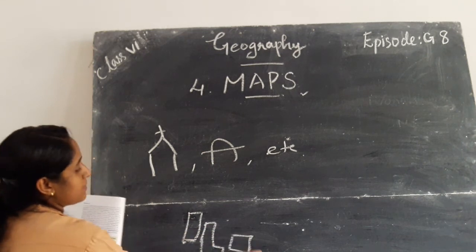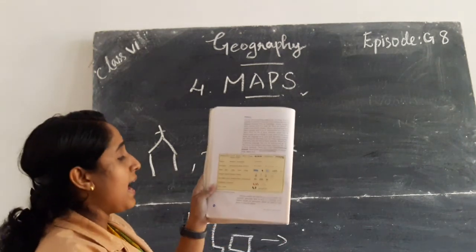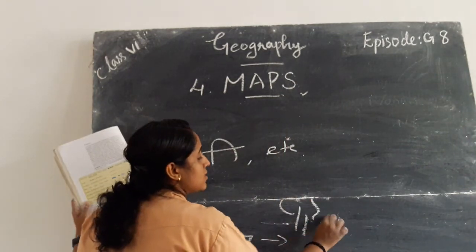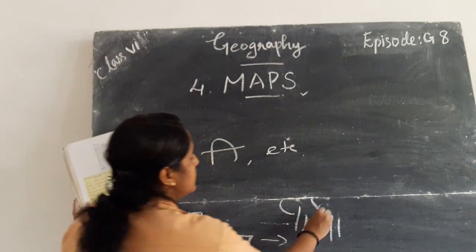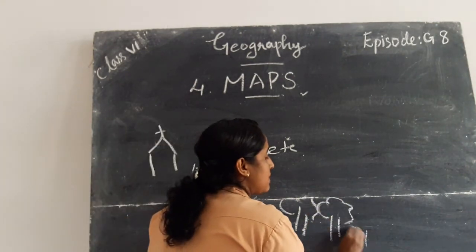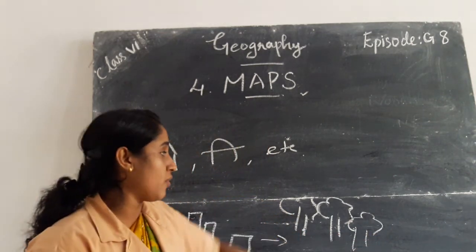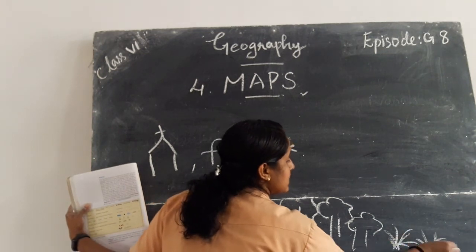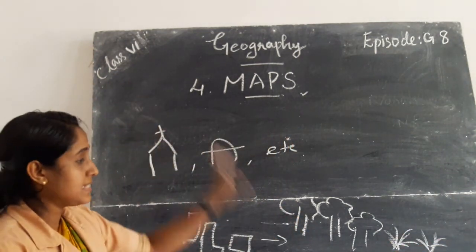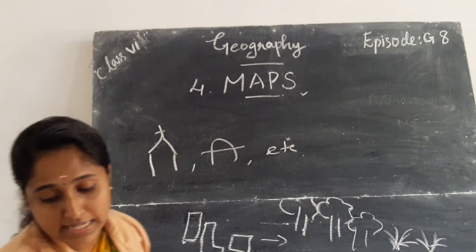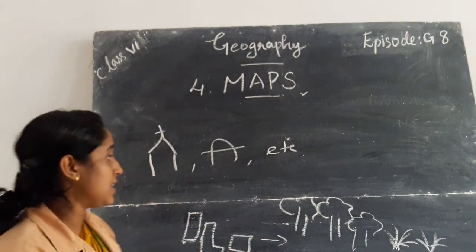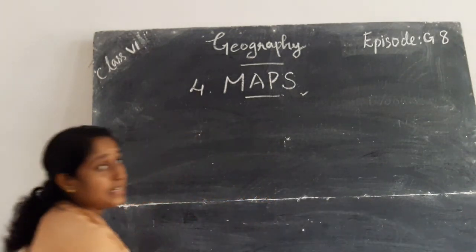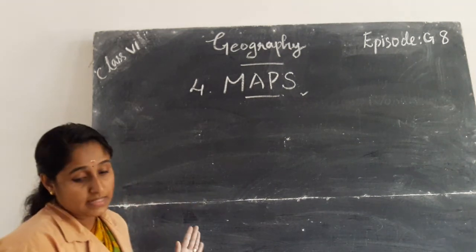These symbols show a forest area, and these symbols show a grass area. These are known as conventional symbols, an international arrangement.